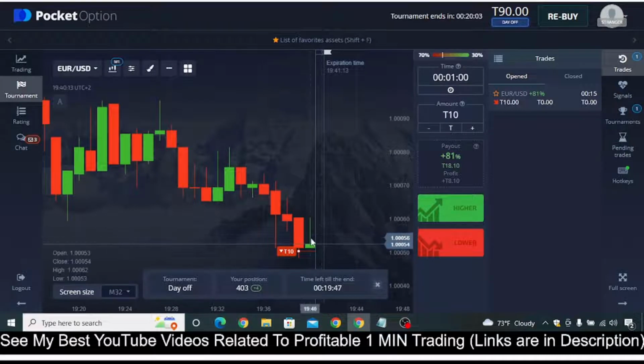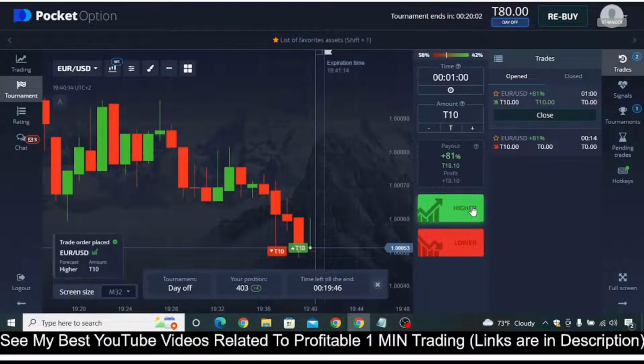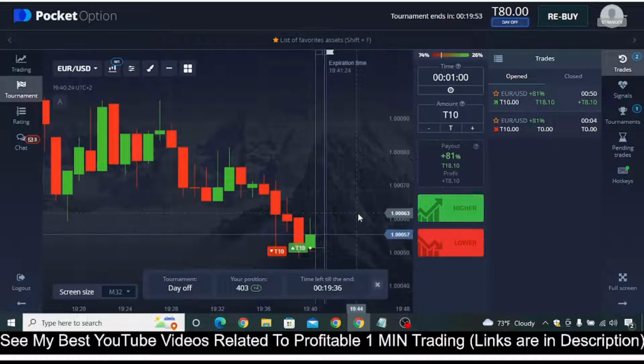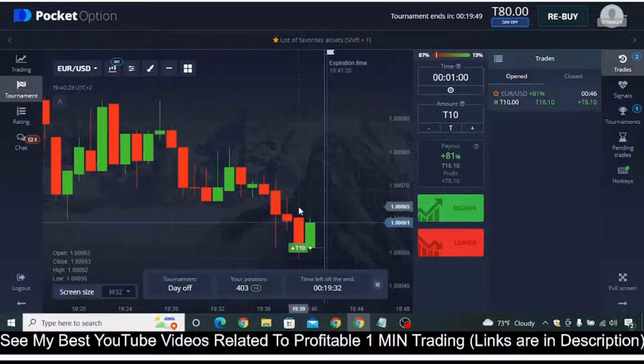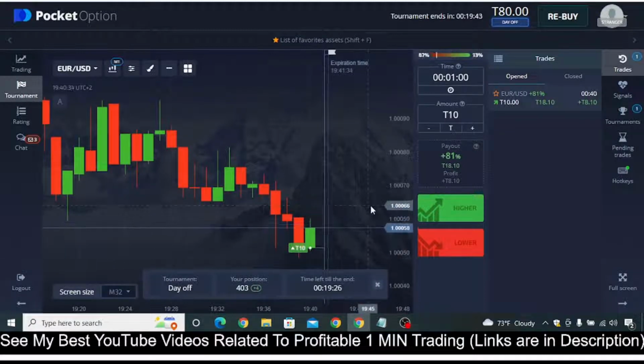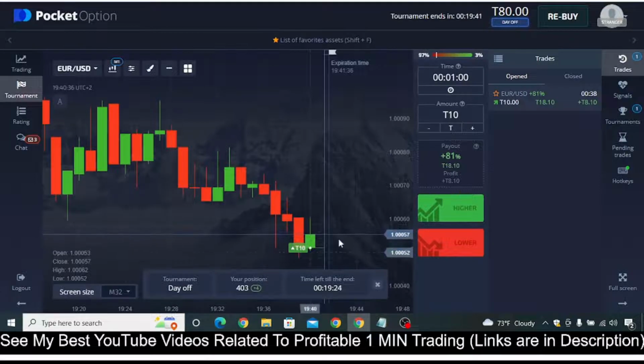Now I can assume that this candle is going to go up, okay? So I am making a call trade, a higher trade, and I'm making this trade using a proper strategy. However, it failed here because the candle had already calmed down, okay? But now let's see what happens here.